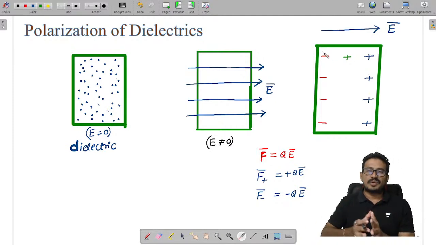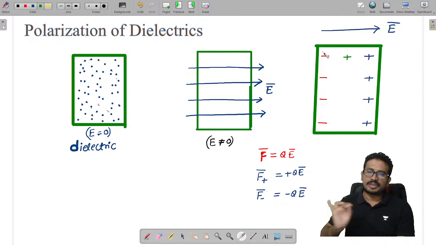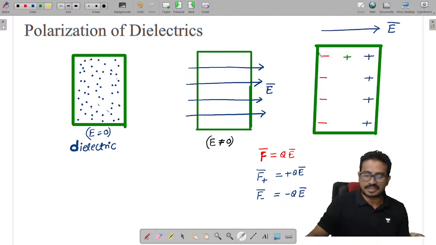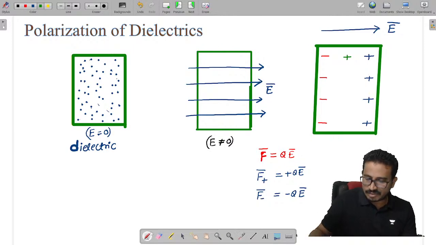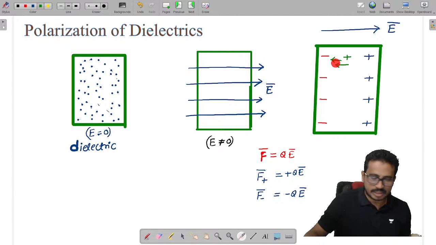Whichever force dominates, according to that it will move. This repulsive force and this attractive force are both in the same direction, isn't it?